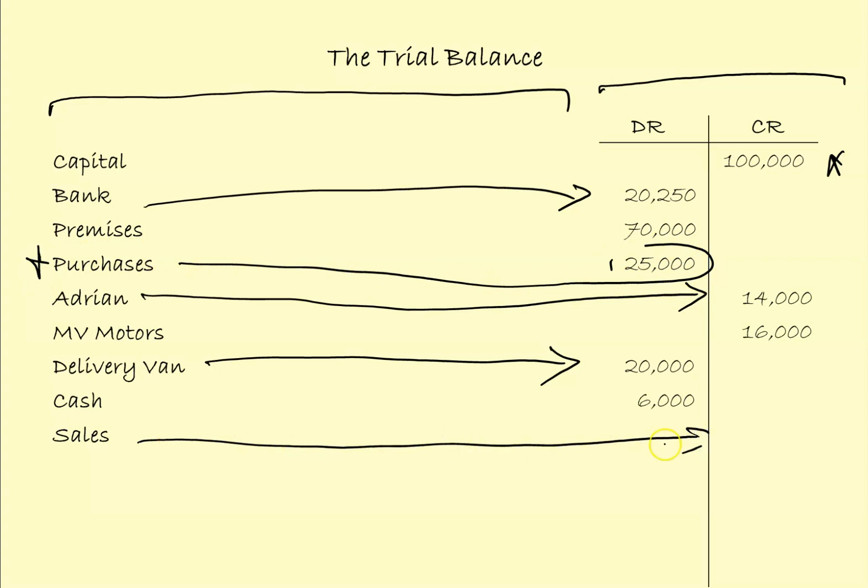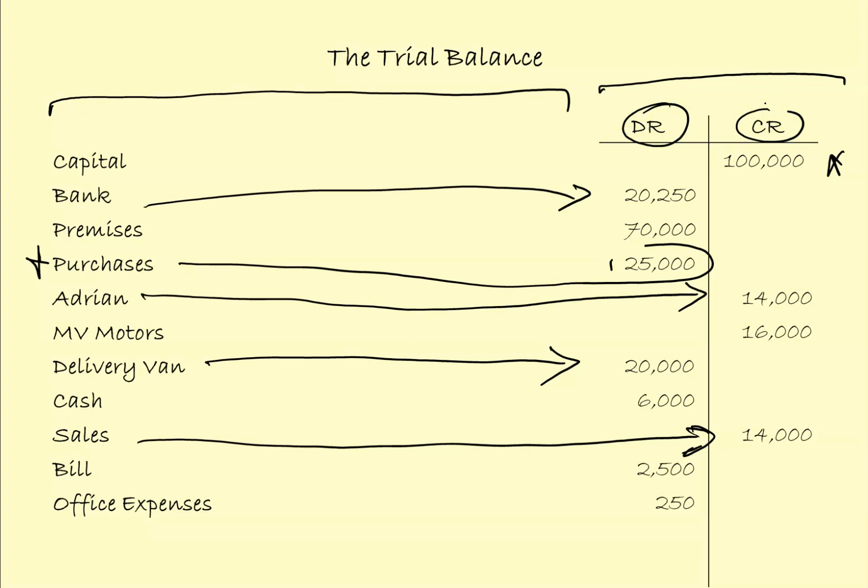Sales will always be on the credit side, 14,000. Bill is a debtor. Bill owes us money, so that's an asset, 2,500. And then the office expenses, 250. Now, they are all my ledger accounts. I've recorded all the ledger accounts here, and I've just listed my trial balance, the debit and credit balances on each one of those accounts.